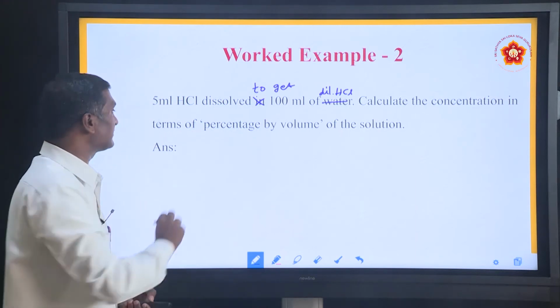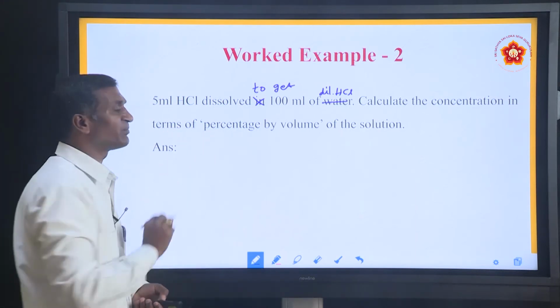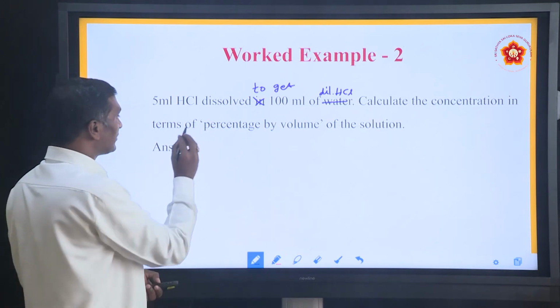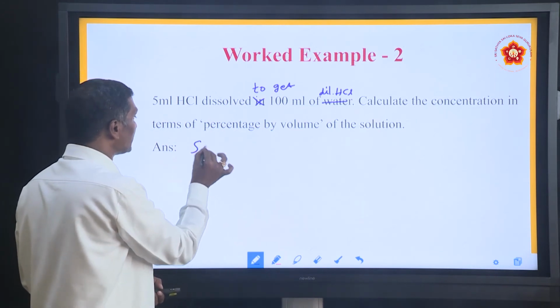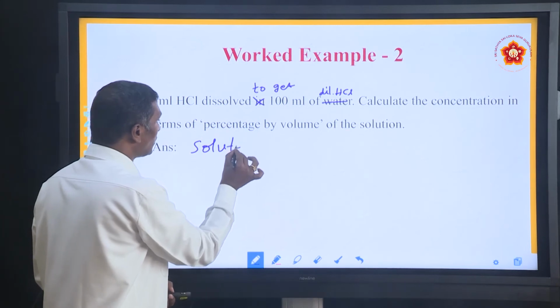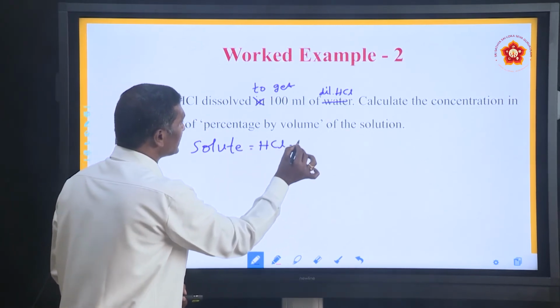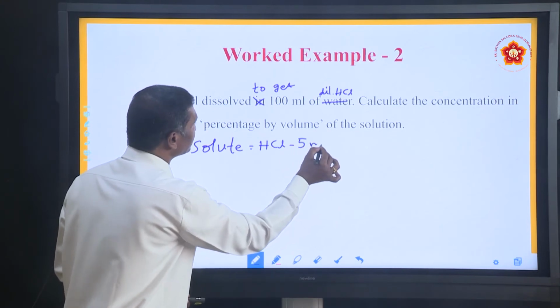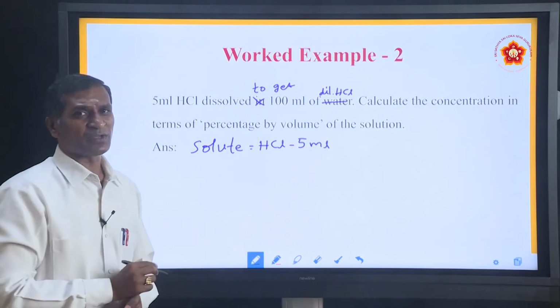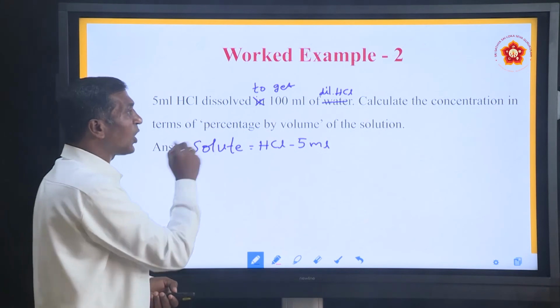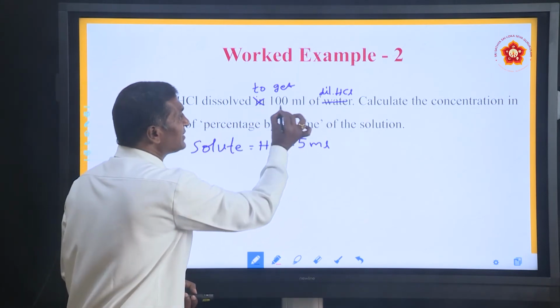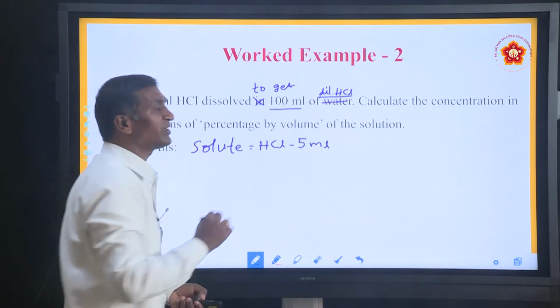Calculate the concentration in terms of percentage by volume. Now, let us see what is the solute. Given data, solute is nothing but the HCl, which is 5 ml. No need of solvent here, because it is dissolved to get how much? 100 ml of dilute HCl.